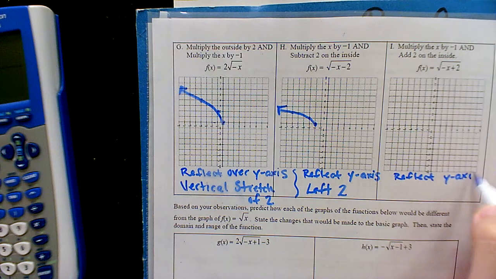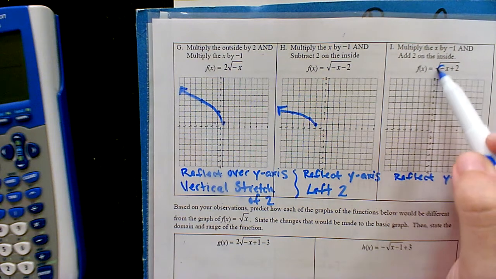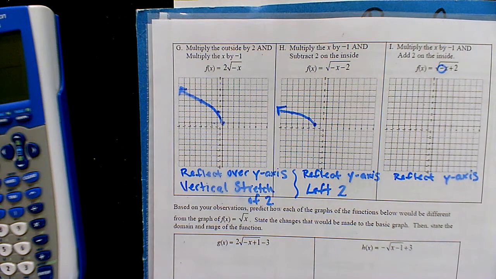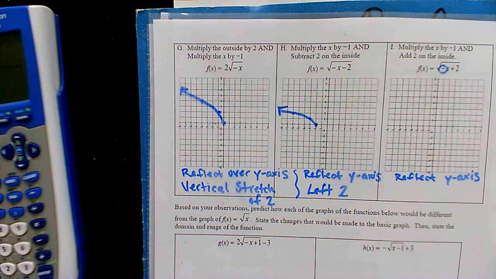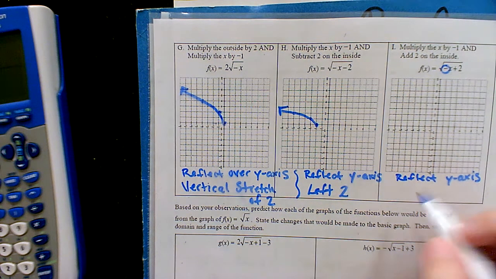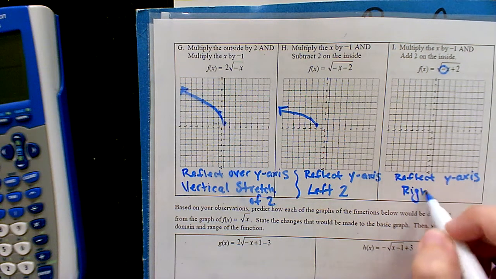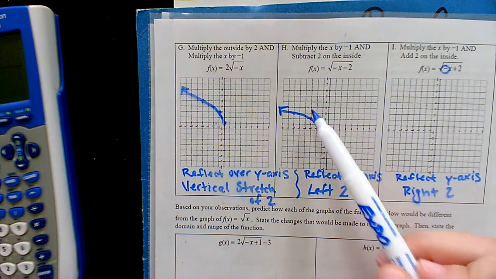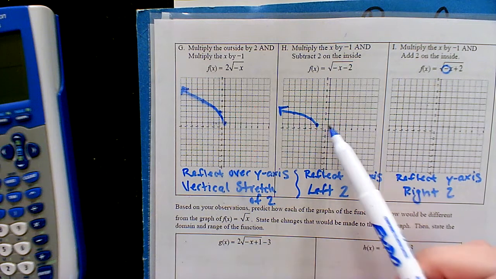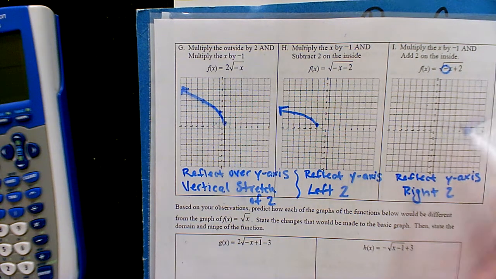All right, reflect over the y-axis because we have that negative x. And typically adding 2 on the inside would cause it to move left 2, but since the x is negative, that's changing the direction. It will be moving right 2. Right, so very similar graph that we had before, just instead of moving left 2, we're going to move it right 2.